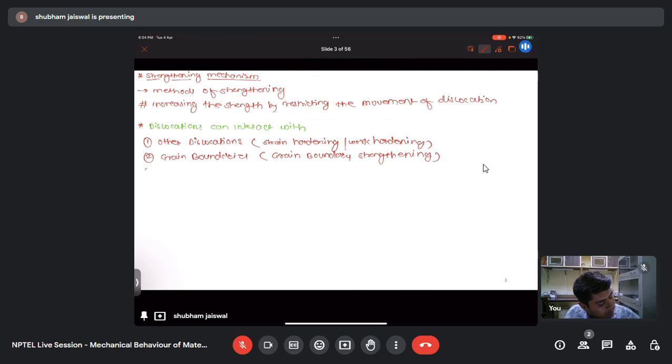The third way that the dislocations can interact is with the solute atoms, and this mechanism is known as solution strengthening.